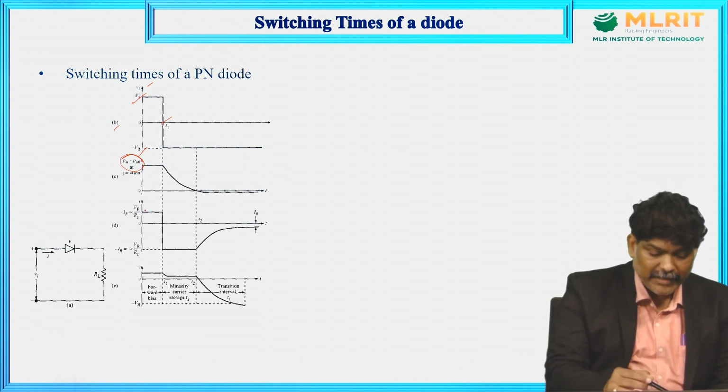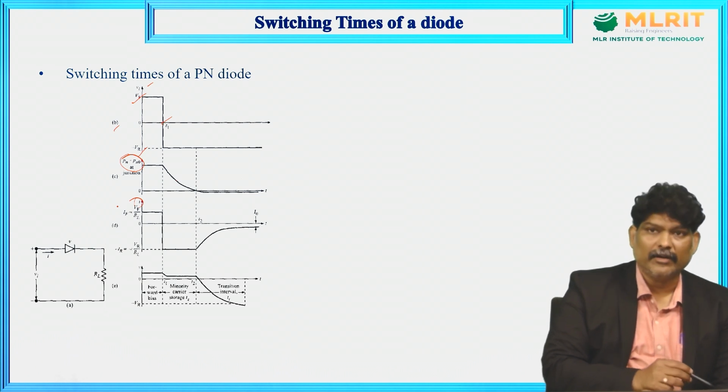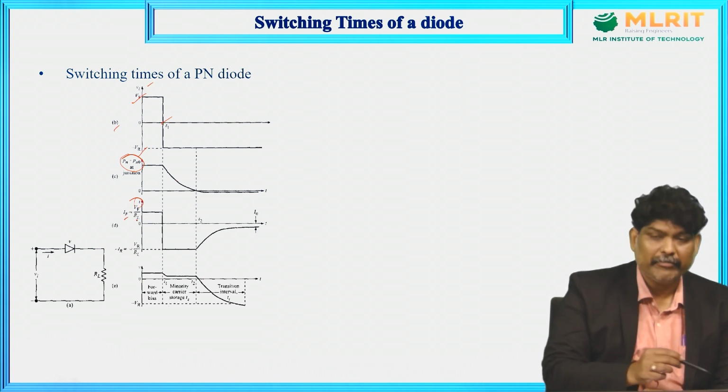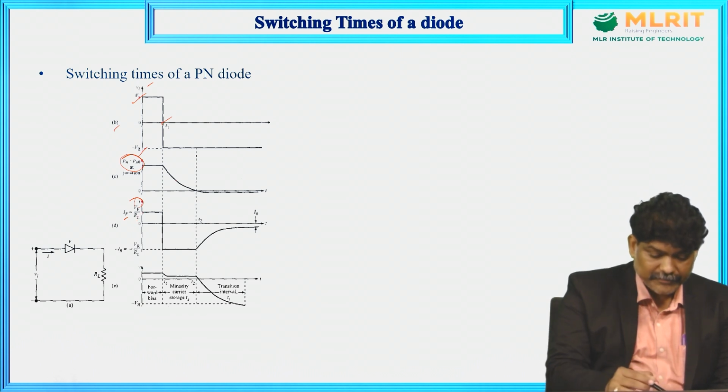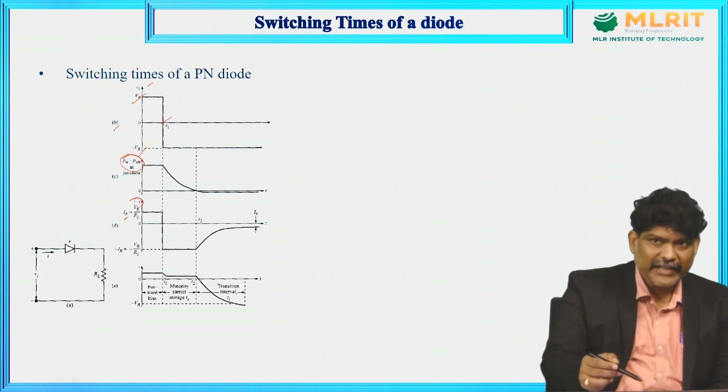Similarly, at the same time we can draw the current. The current is given by I_F equal to V_F by R_L, and it is represented like this. At T2, that means when it changes from forward bias to reverse bias, it will take some time.